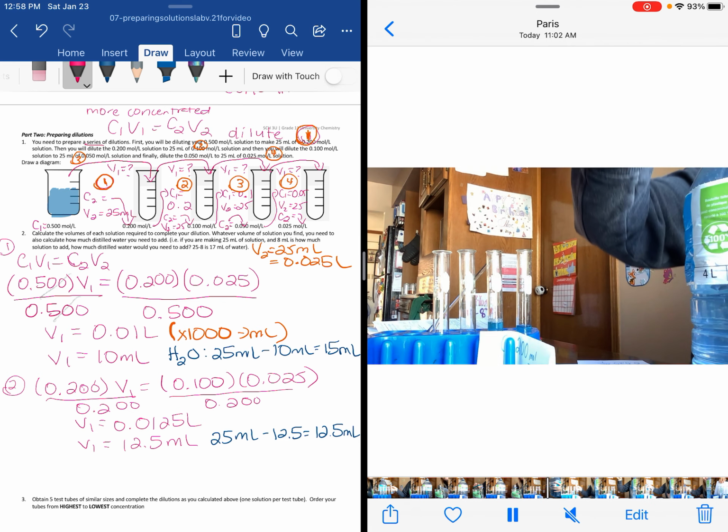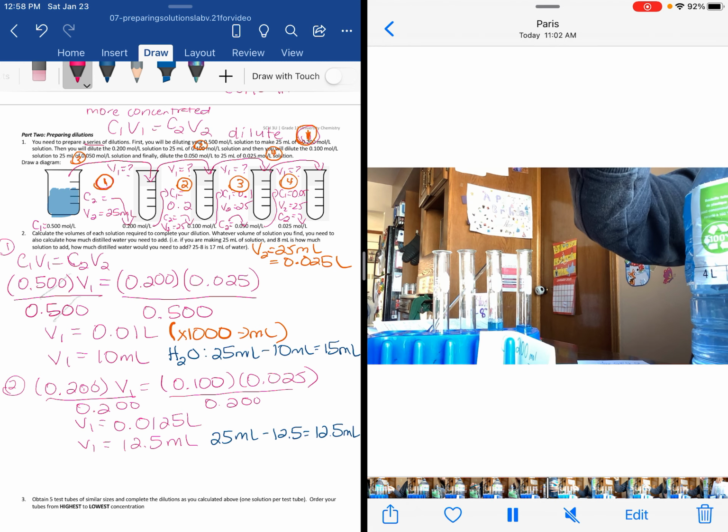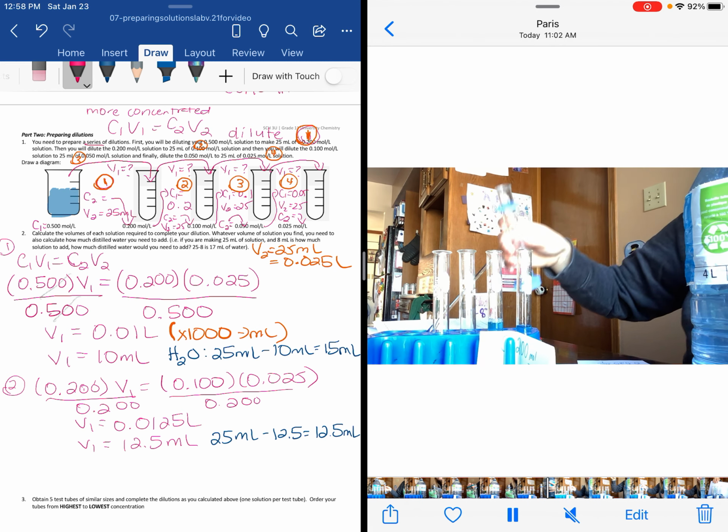I think I said in the first one I added 12.5 milliliters of water. I meant 15, sorry.